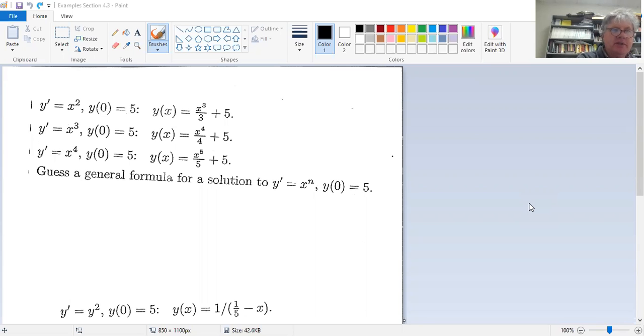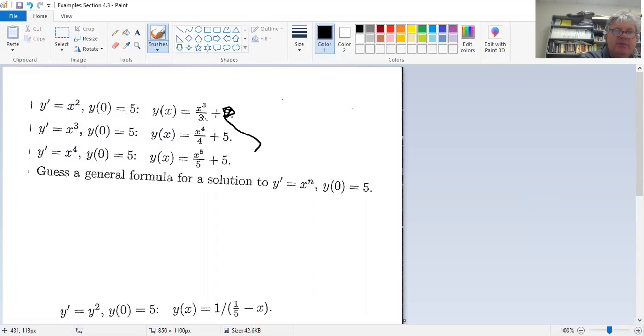So for the first one, the differential equation is y prime equals x squared, and our solution is x cubed over 3 plus 5. Well, let's take the derivative of this. The 5 goes away, and down comes the 3.